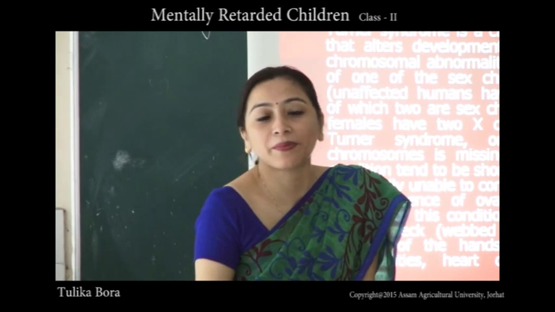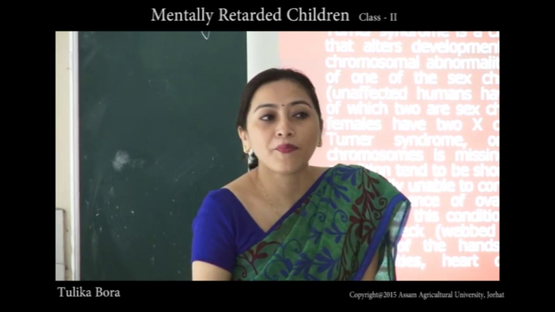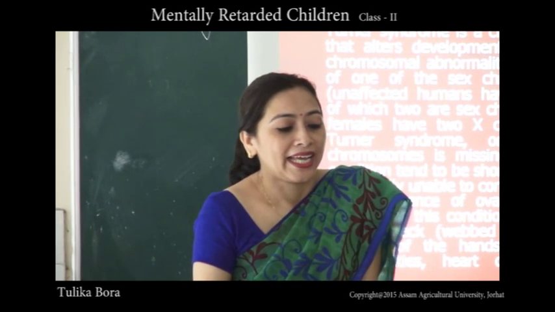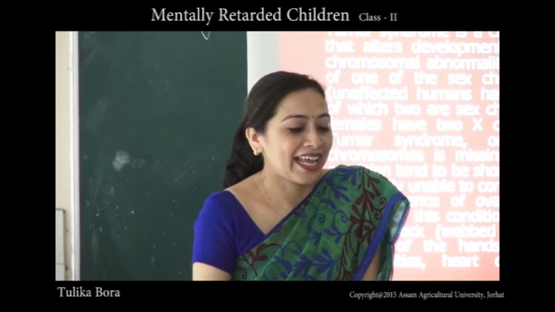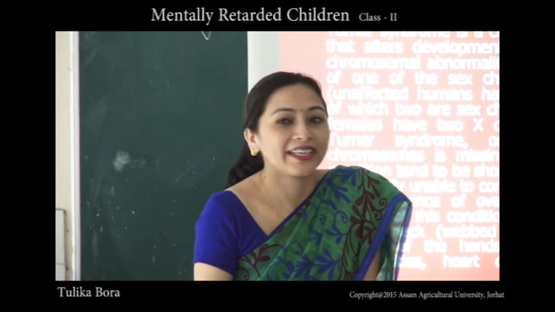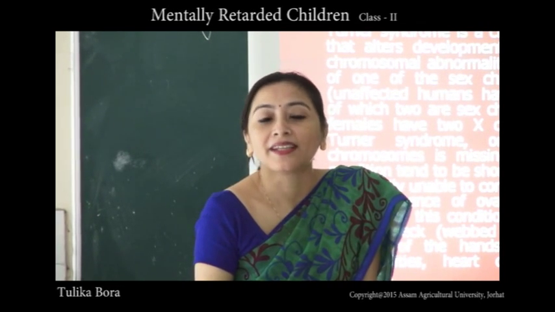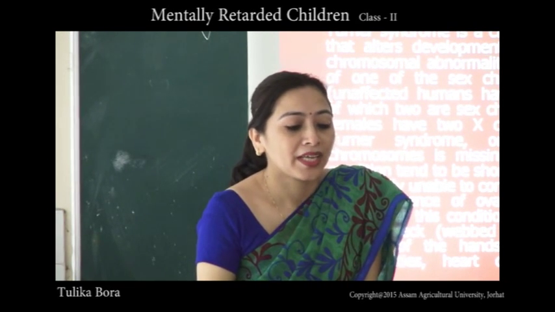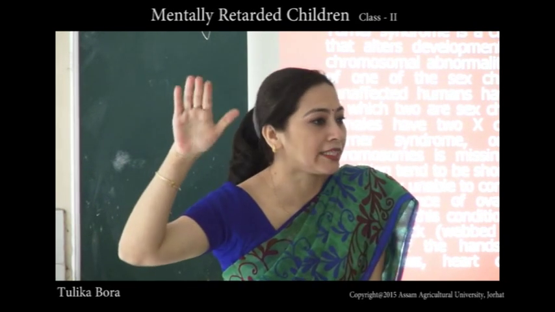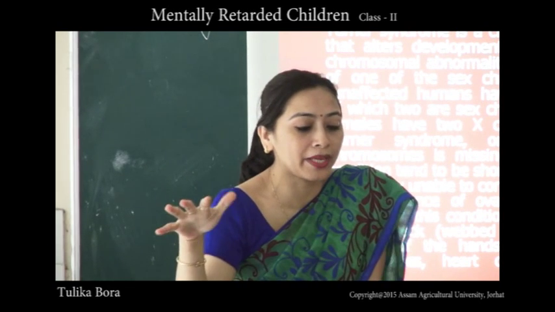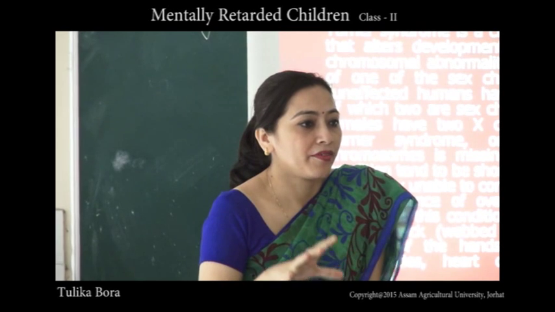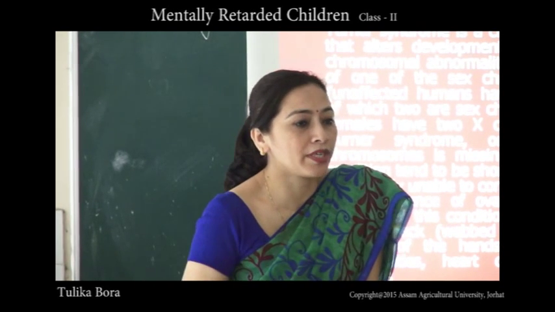Turner syndrome. So fragile X was for male and this is for female. There should be XX, isn't it? But here only one X, XO. They will have stunted growth, a bulging tummy, and their feet and hands will be very big in comparison to their body stature.